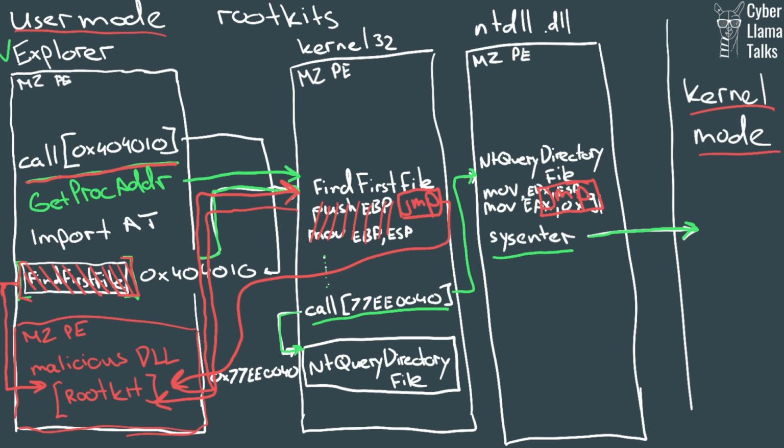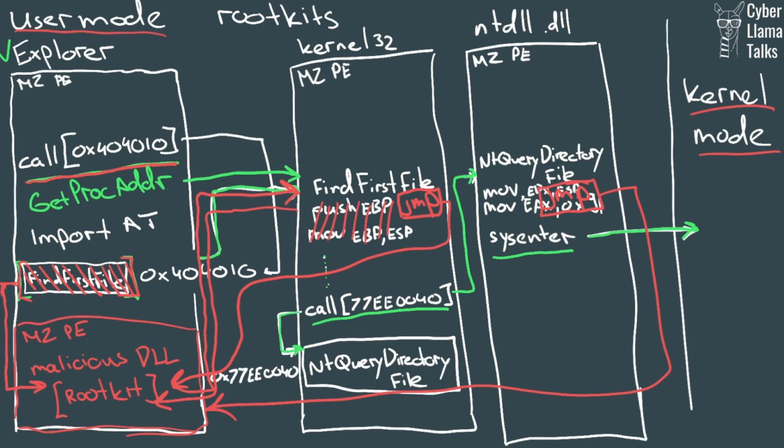Then if kernel32 DLL calls ntdll, it will call it, but again, execution is going to be hijacked, returned to the rootkit DLL, the results are going to be filtered, and so on. So you see that in user mode, there are many different opportunities to hijack the execution flow, modify it and hide the results of legitimate Windows API and syscalls by filtering results at the end.